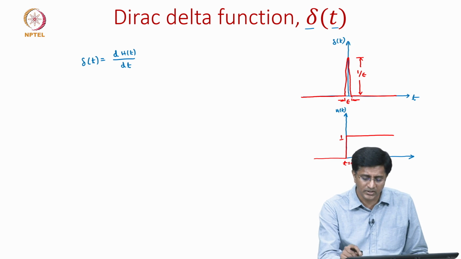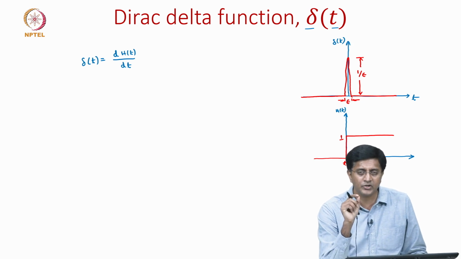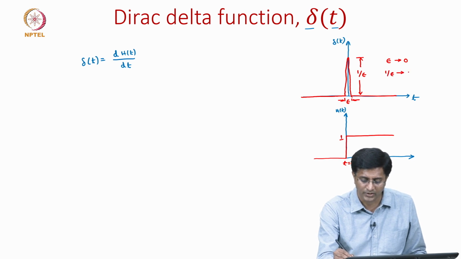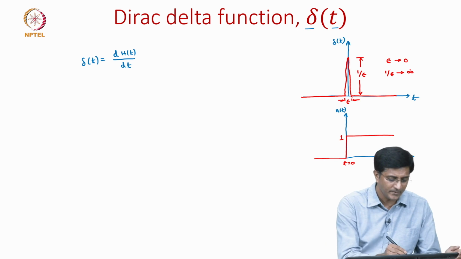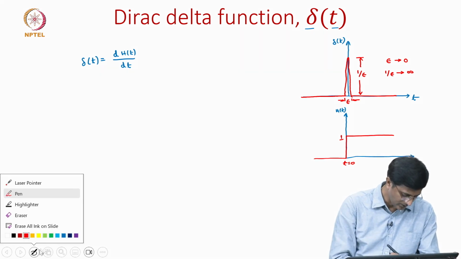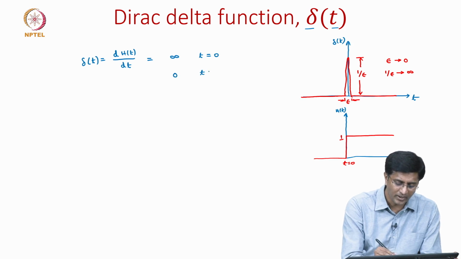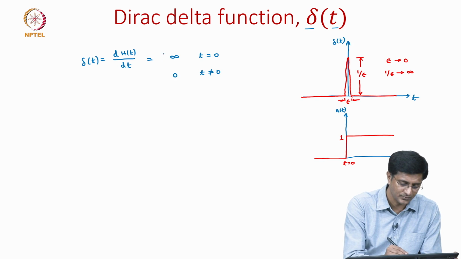So, what happens when this infinitesimal value epsilon approaches 0? When epsilon approaches 0, then 1 by epsilon will approach infinity, which means the way to write this function is it approaches infinity when time t equal to 0 and it is 0 when time is not equal to 0.